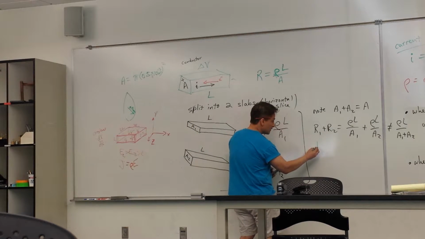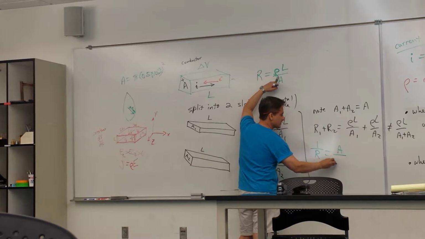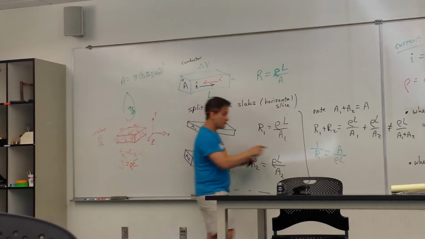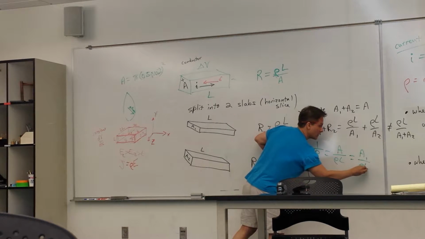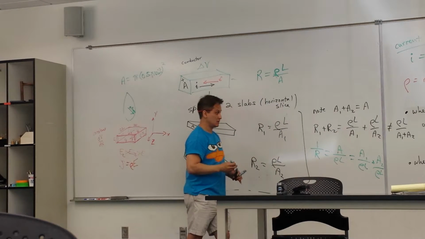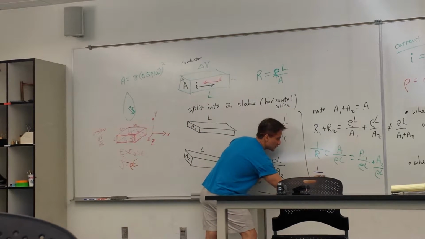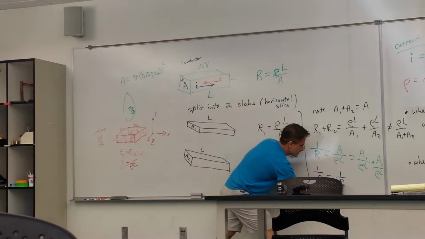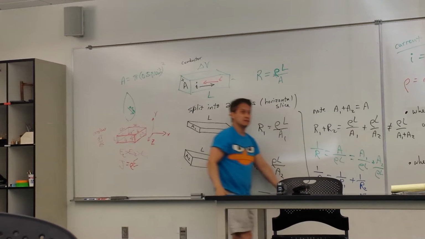However, let's just also observe that 1 over R is related to A divided by rho L. This quantity can be expressed as A1 over rho L plus A2 over rho L. Which is just another way of saying the inverse of the resistance here is related to 1 over the resistance of the thin slab plus 1 over the resistance of the other slab.